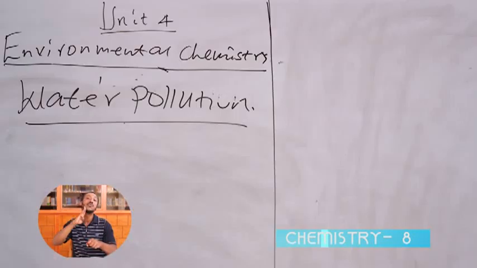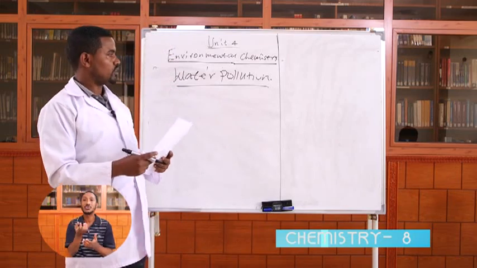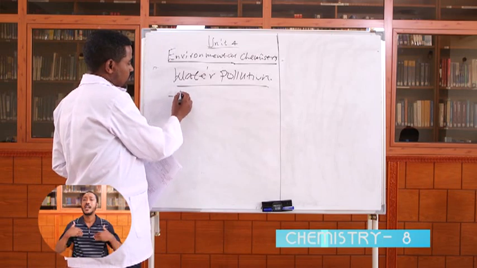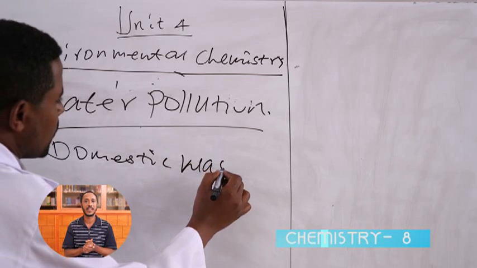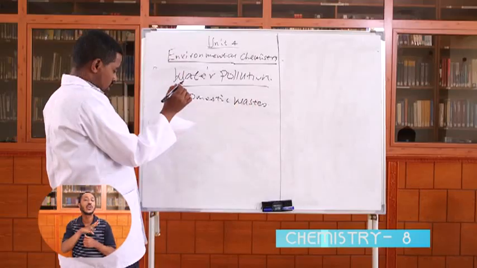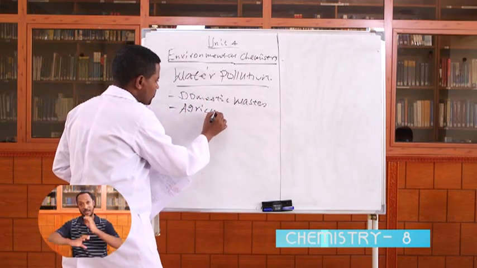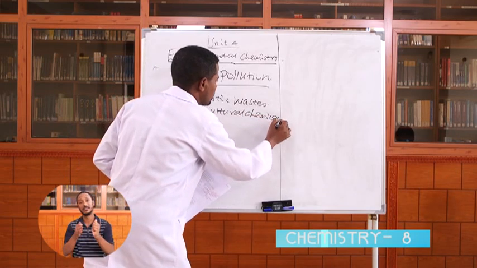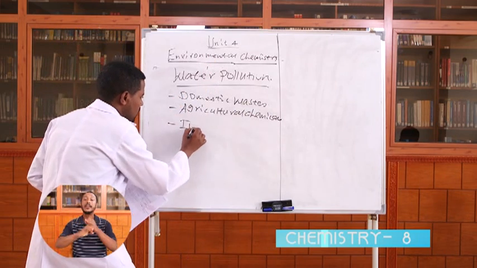These hazardous substances can be obtained from different sources. It may be obtained from domestic wastes, agricultural chemicals, and industrial wastes.